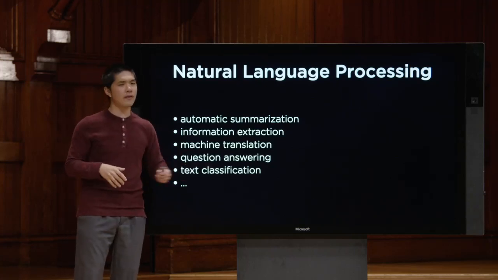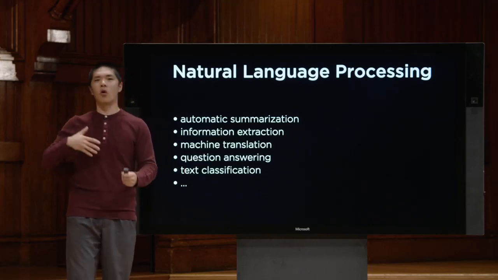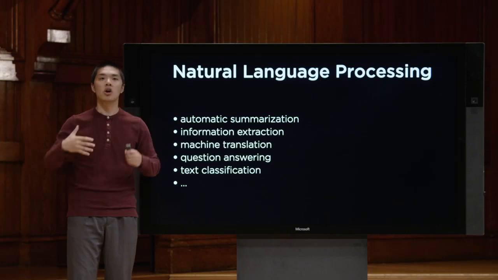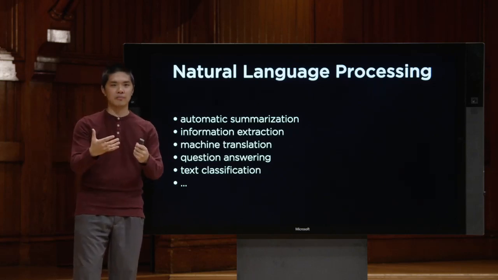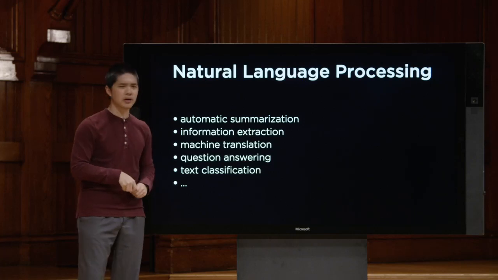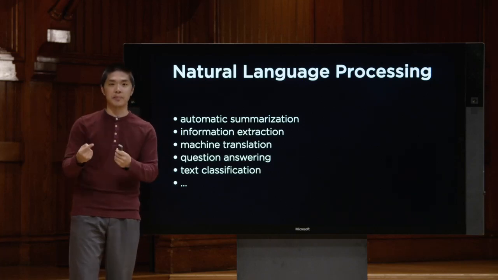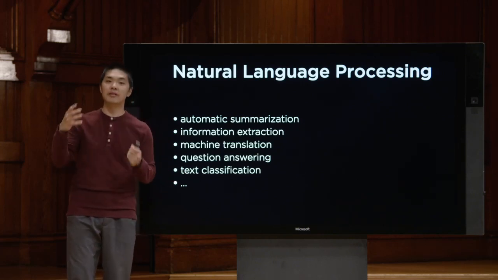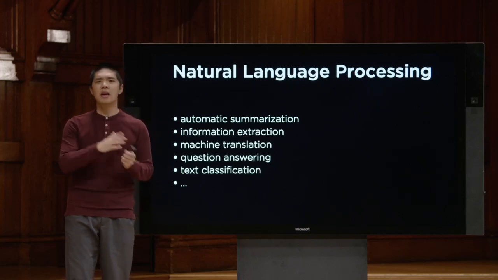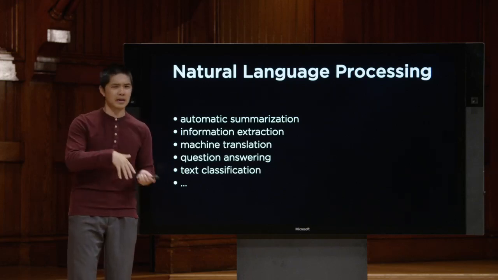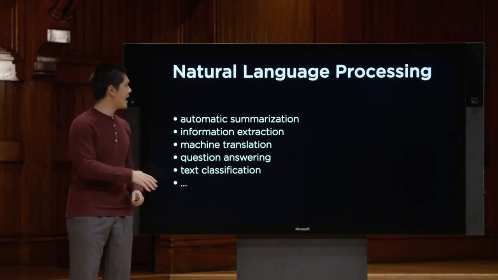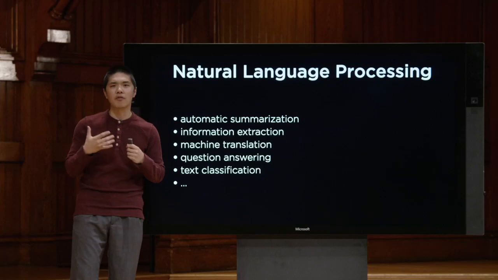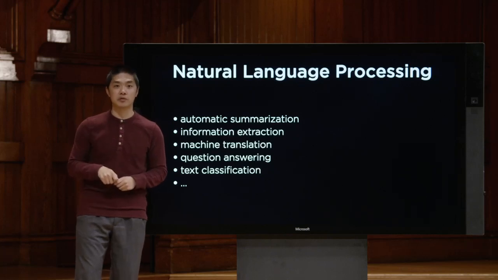Question answering, if you've ever asked a question to your phone or had a conversation with an AI chatbot where you provide some text, the computer is able to understand that text and then generate some text in response. Text classification, where we provide some text to the computer, and the computer assigns it a label, positive or negative, inbox or spam, for example. And there are several other kinds of tasks that all fall under this heading of natural language processing.